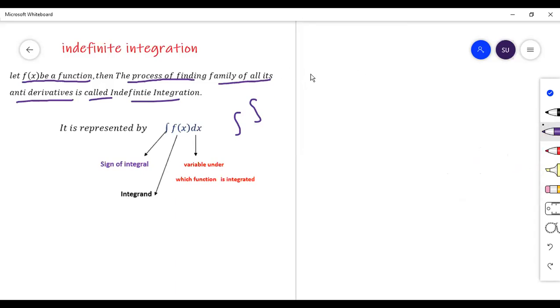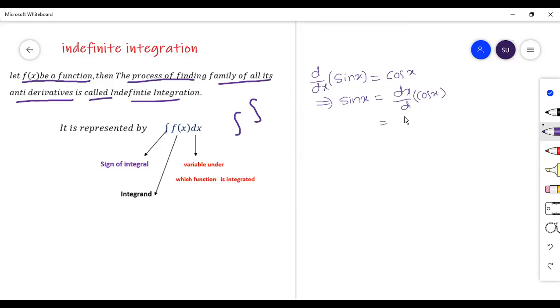As we know, d by dx of sin x is equal to cos x. Under derivatives we learned this formula. The definition is saying that it is the process of finding the family of all its antiderivatives. So if I write cos x is equal to d by dx of sin x, and move d by dx to the other side, it becomes dx by d of cos x.